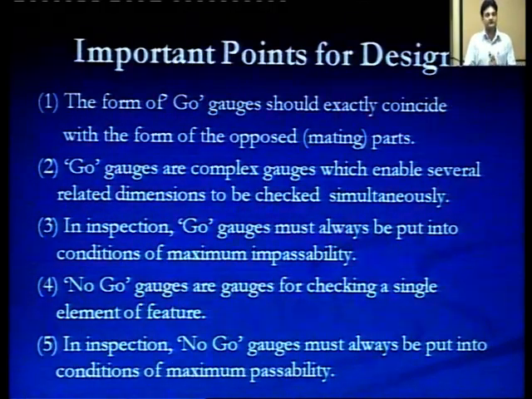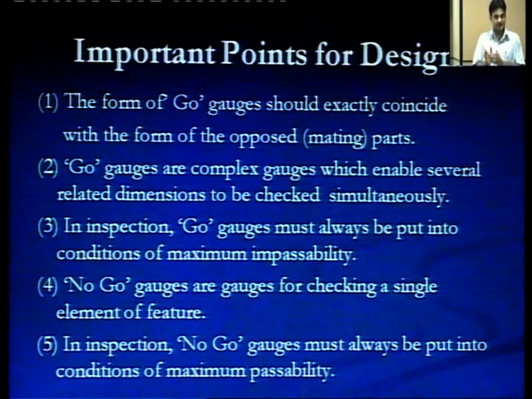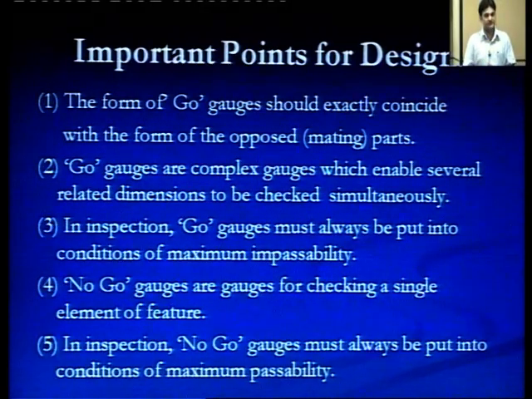Now, important points for design, let me tell you. The form of go gauges should exactly coincide with the form of the opposite or mating parts, in the case of standard gauges. The go gauges are complex gauges which enable several related dimensions to be checked simultaneously. So, we should definitely consider the wear allowance in it to prevent the wear and tear of the go gauges.